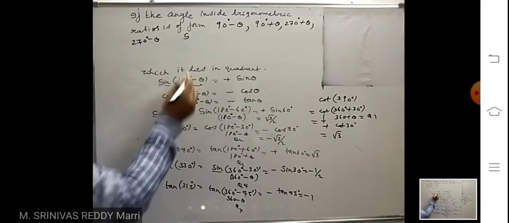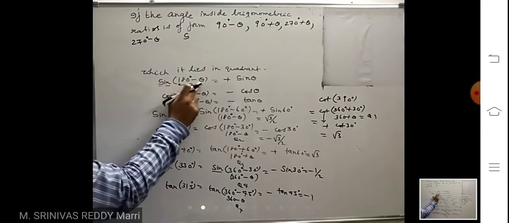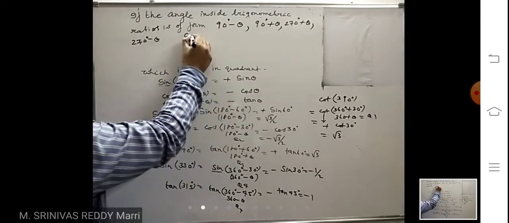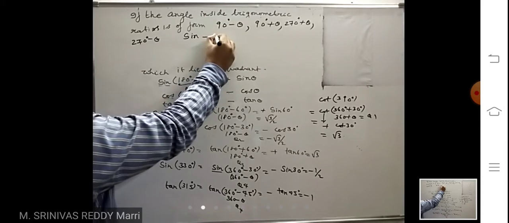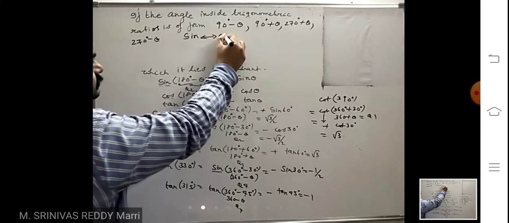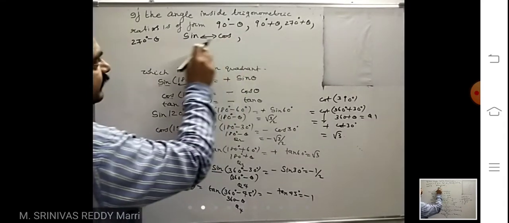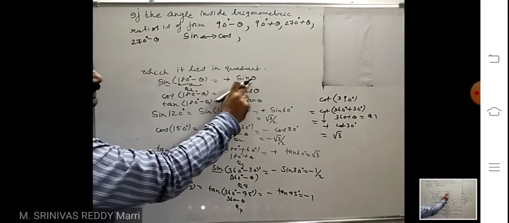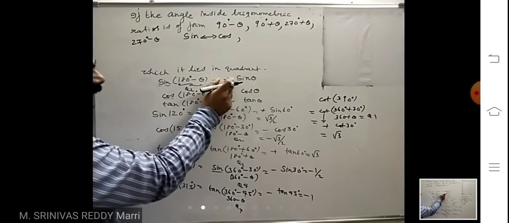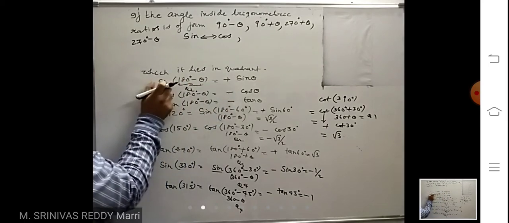Now you have written sine of 180 minus theta is sine theta. Now sine will convert into cos, and cos will convert into sine. If sine is there, you write cos theta, and then write the sign according to where it lies.